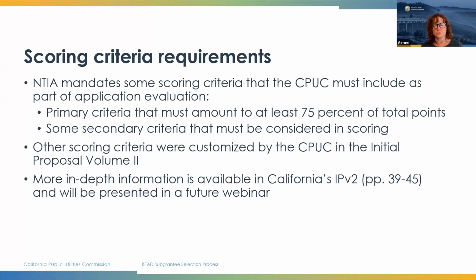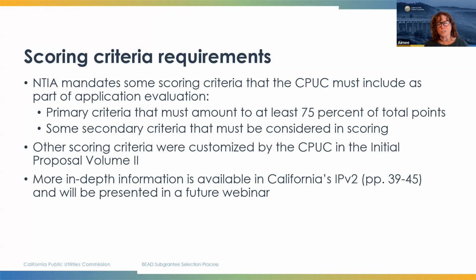If we can move into the scoring requirements, NTIA actually mandates, and I know you've heard this in other webinars that provide overviews, that the CPUC must include quite a number of the scoring criteria as part of their evaluation.